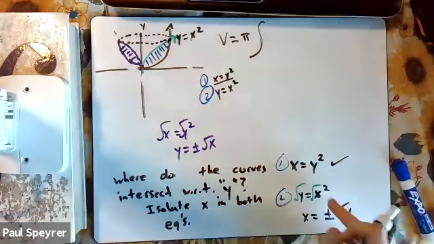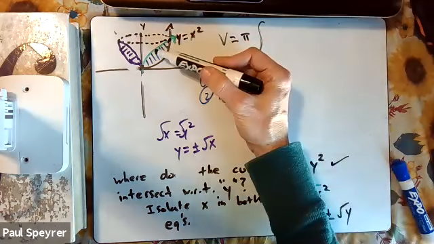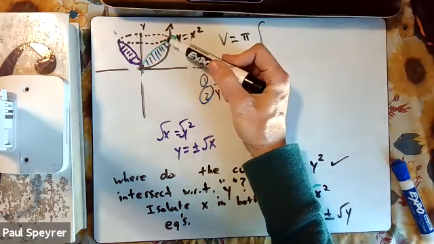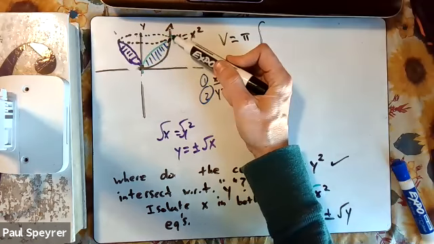Don't forget, whenever you use that square root property, you have the positive version and the negative version. But there's two equations right here. So you may be thinking, well, which one do we use? Do we use plus root y or do we use negative root y? Well, look at your sketch. Where's this green region up here? It's on the positive y. So we're going to use the positive square root of y.